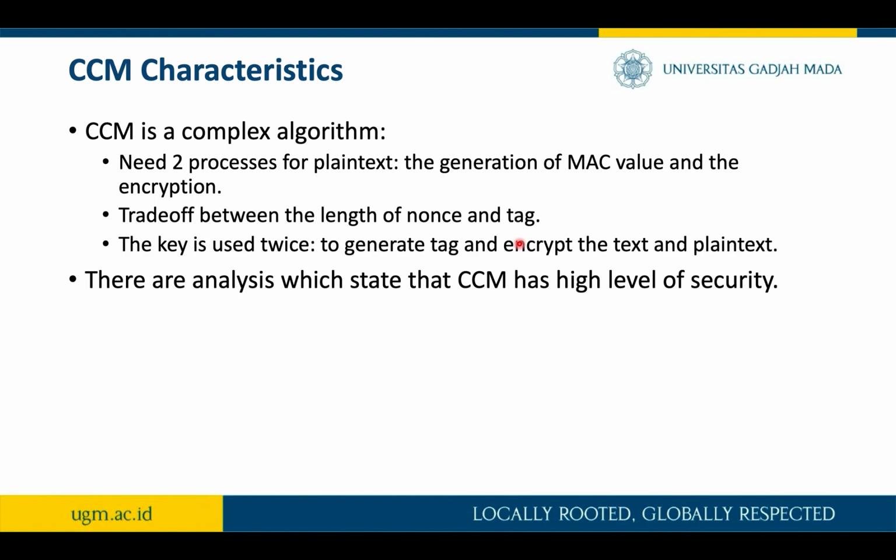There is a trade-off between the length of the nonce and the tag, and the key is used twice, to generate the tag and to encrypt the plain text. But it provides a high level of security because it provides both authentication and encryption.